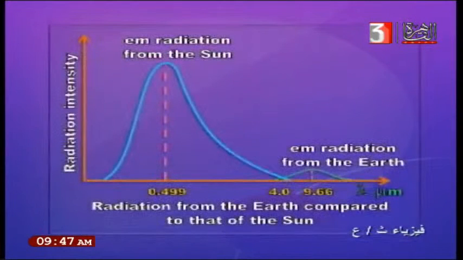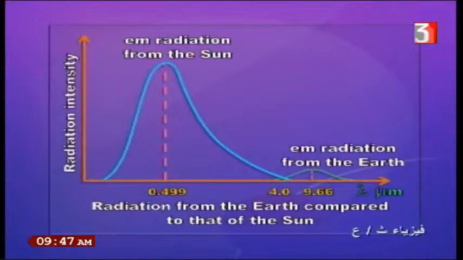Your attention, please. Please note, here we've got two black bodies. One of them is the Earth and the other is the Sun. But the temperature of the Sun is much higher than that of the Earth. So the peak wavelength, lambda maximum, of the Earth lies in infrared, in longer wavelength.